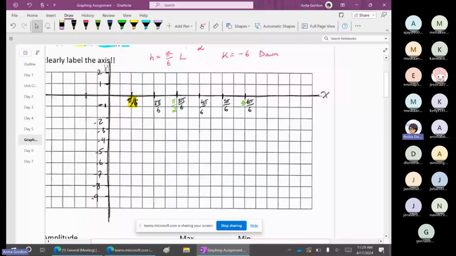And then I'm just going to keep going right to the end here. This is 7 pi by 6, 8 pi by 6, 9 pi by 6. And 9 pi by 6 is the same as 3 pi by 2. Okay, so where you see my green note, this is 90 degrees, 180 degrees, 270 degrees.